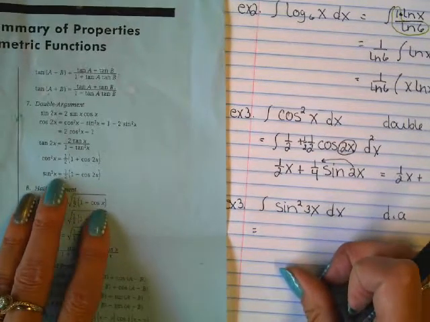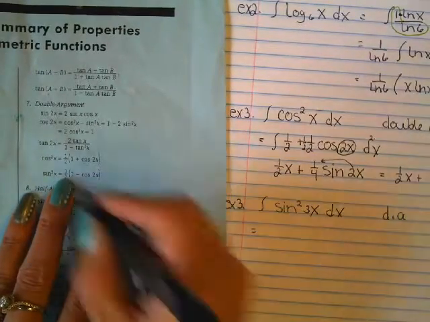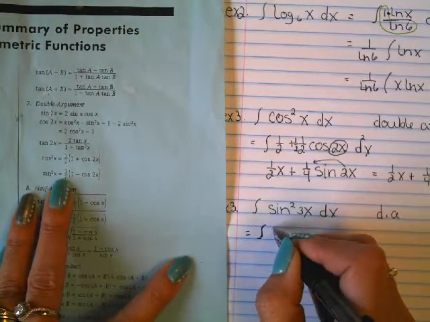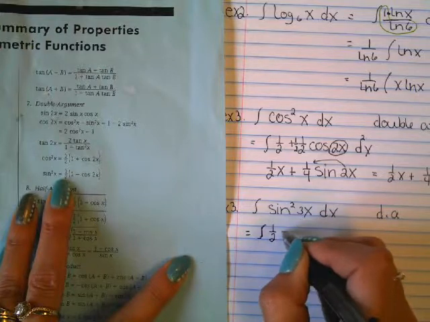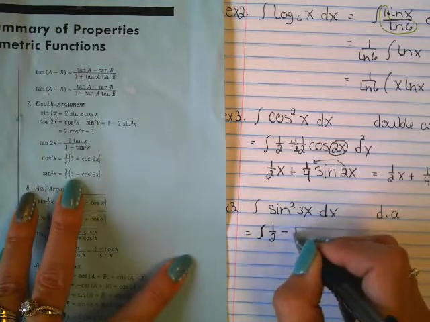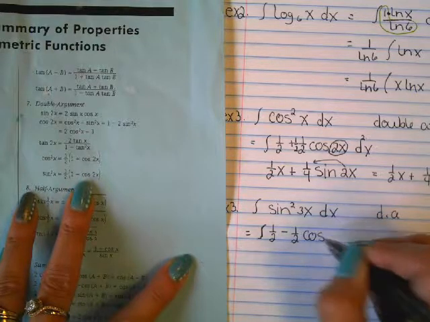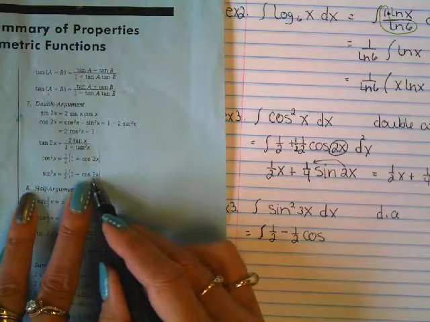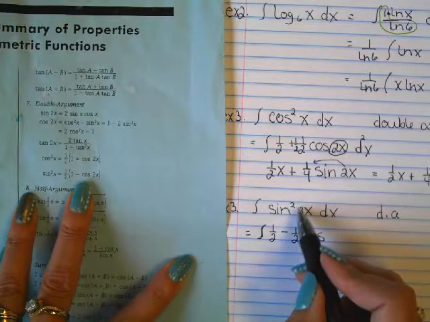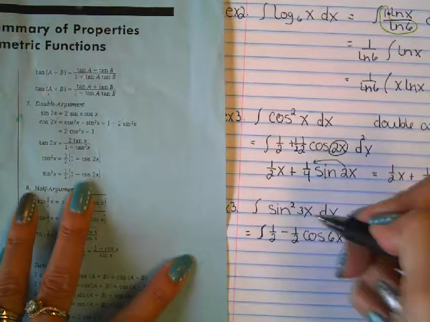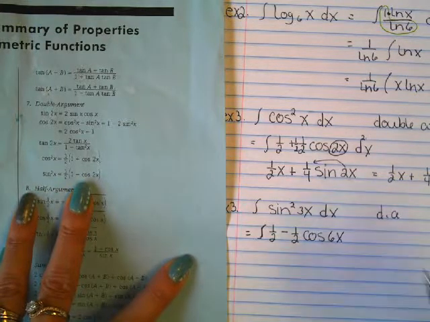So I see the 1, I'm going to distribute the 1/2. So I will have 1/2 minus 1/2 cosine, and I have to double the angle. So I have a 3x, so I'm going to have 6x. And I'll bring it back into 3x at the end.